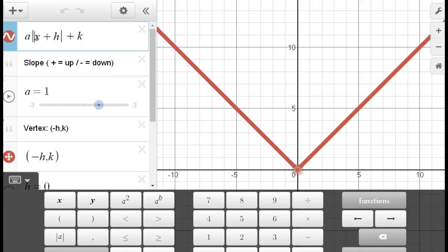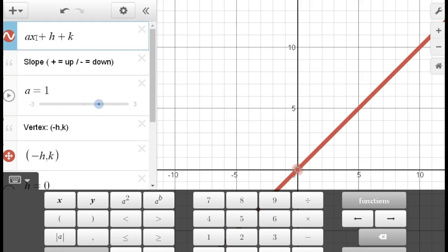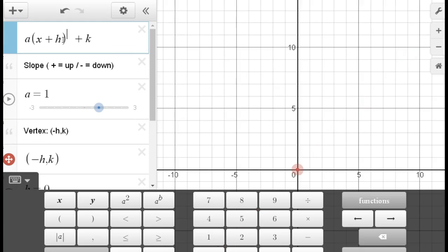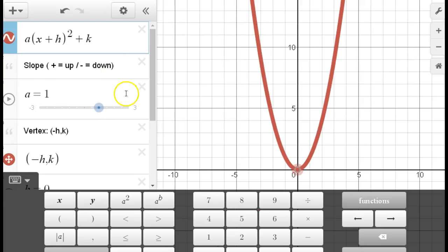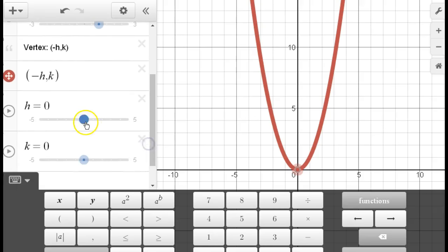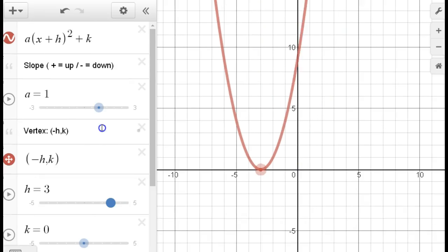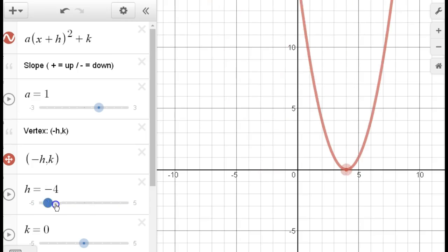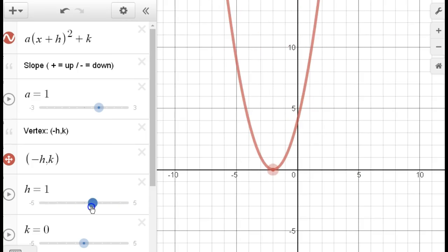We could change this to be a quadratic instead of absolute value, but it does work the exact same way. Right? That the h will move it left and right, but it moves it kind of opposite. The positive moves it left, and the negative moves it right. So you just have to remember the vertex is actually the opposite or negative of whatever's inside, but the k is still normal and moves it up and down.